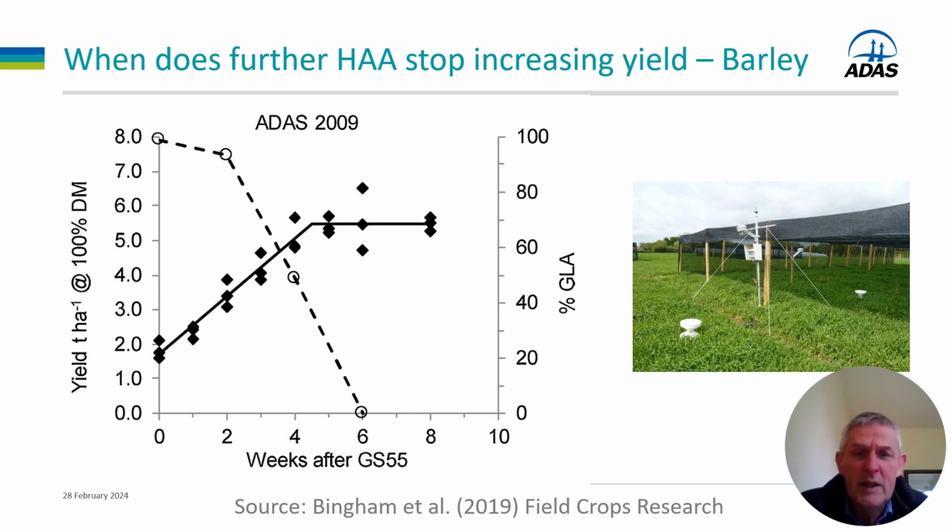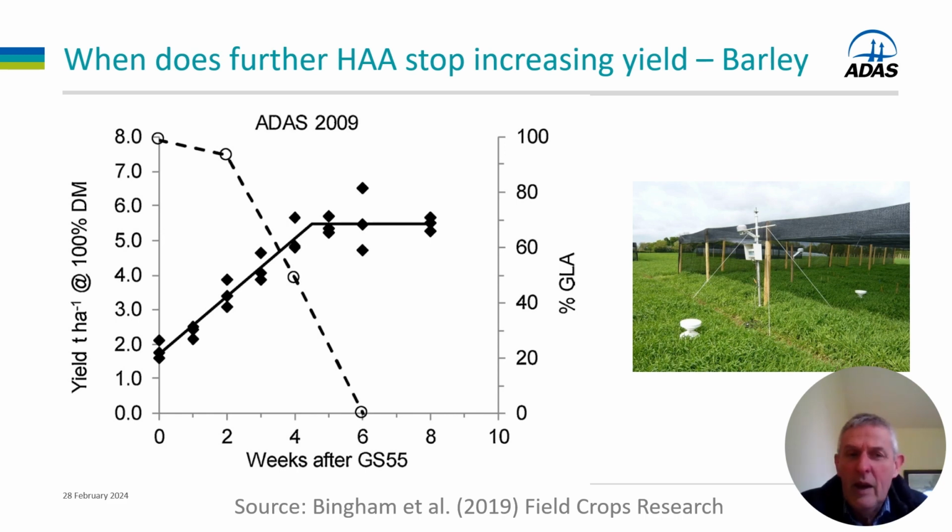So we repeated this across a range of sites and seasons. We got a very similar pattern in all cases, and what we found was that it was critical to protect the canopy and light interception for between 3 and 5 weeks after the ears are 50% emerged.